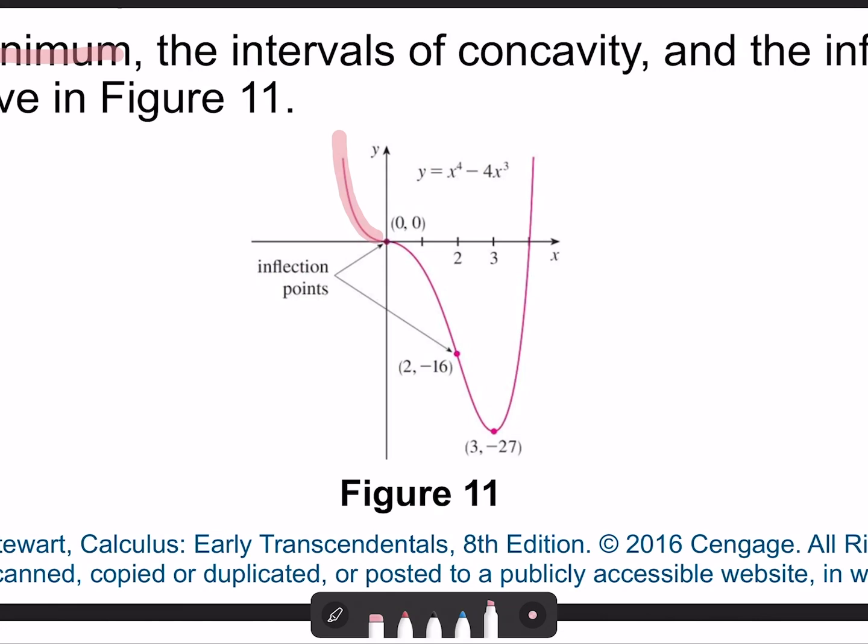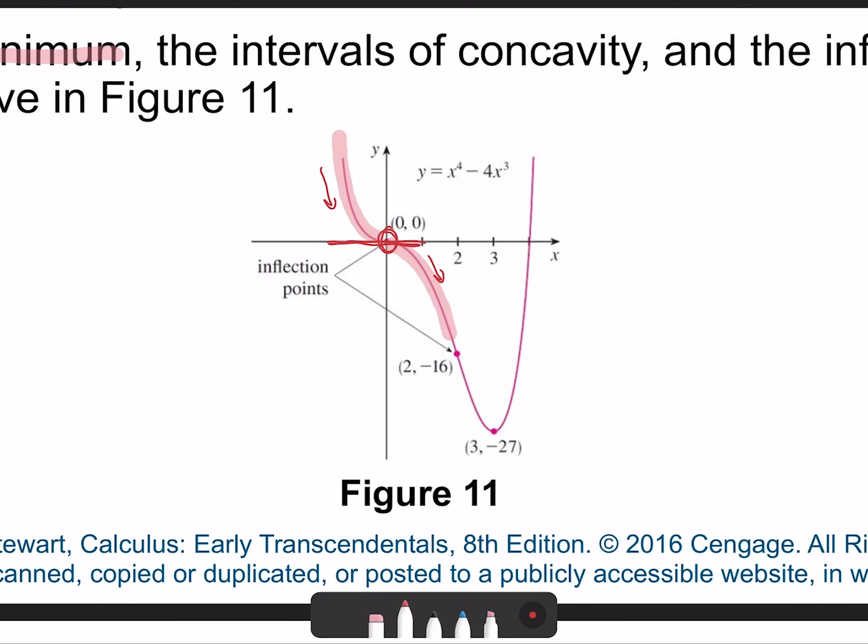We saw that from 0 to 2, I'm talking x values now, we were concave downward. The function was still decreasing, right? So decreasing, decreasing. Even though this point right here, which turns out to be 0, 0, does have a horizontal tangent line, it was not a maximum or a minimum.